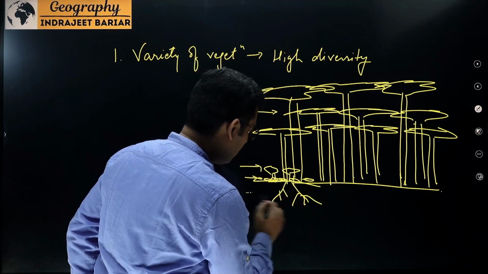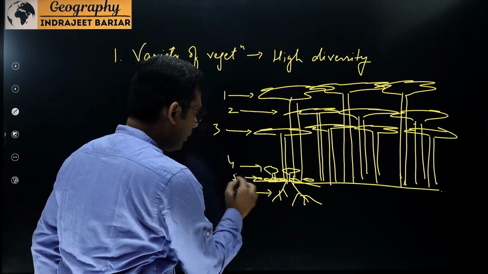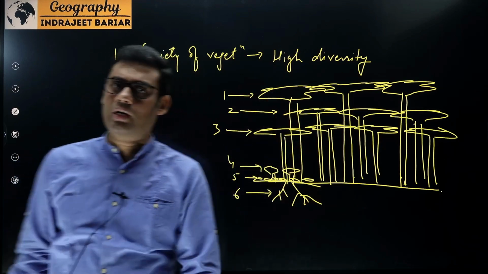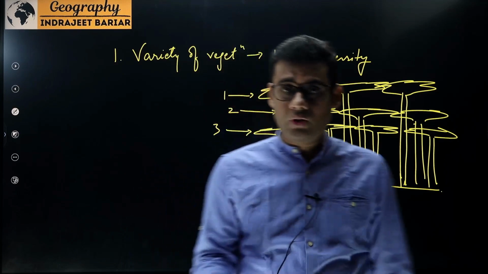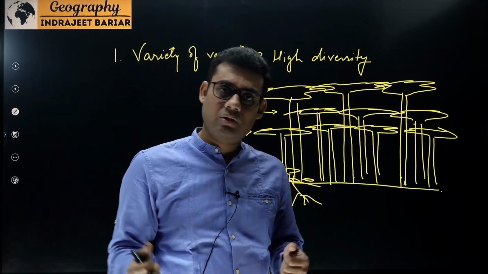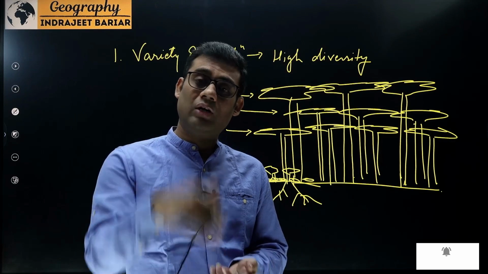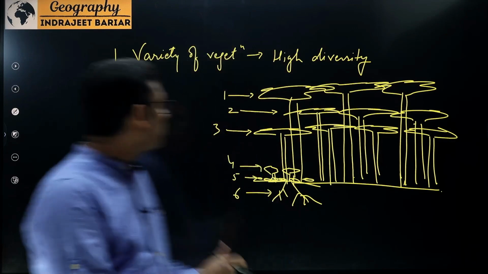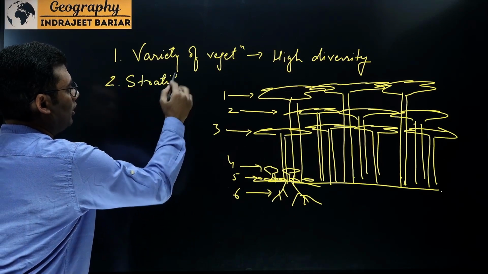So how many strata do I find? 1, 2, 3, 4, 5, 6. I can identify 6 strata very easily over here. With respect to equatorial rainforest, these are forests which have one of the highest stratifications, and the strata may go as high as 11 layers also. So the second property of the vegetation over here is the stratification.